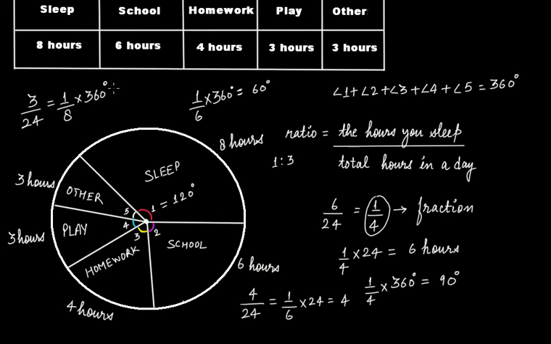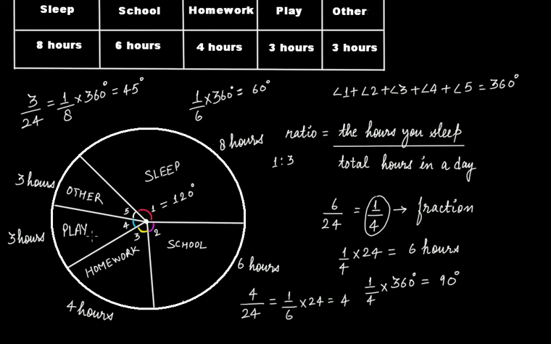This comes as 8 4s are 32, and 45 degrees, right? So this is equal to 45 degrees. Now if you see here, the hours that you use for other activities is also equal to 3 hours. That is, the angle will also come as 45 degrees only, right?